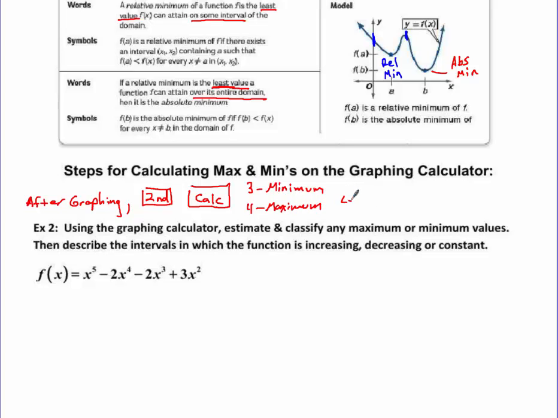And then you're going to select a left bound, a right bound, and then you're going to guess.